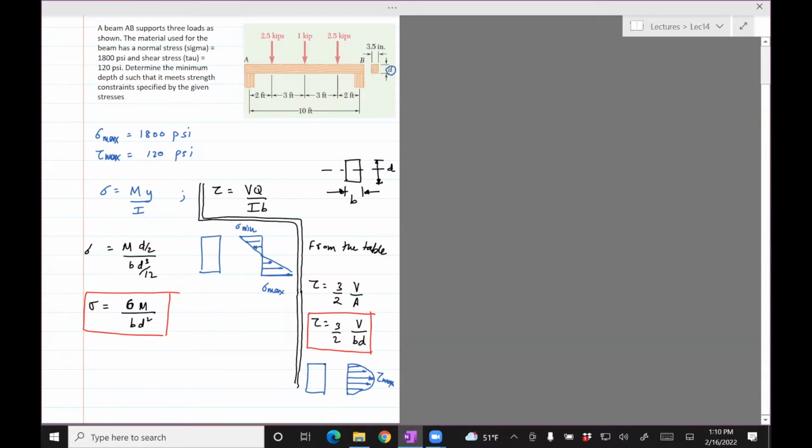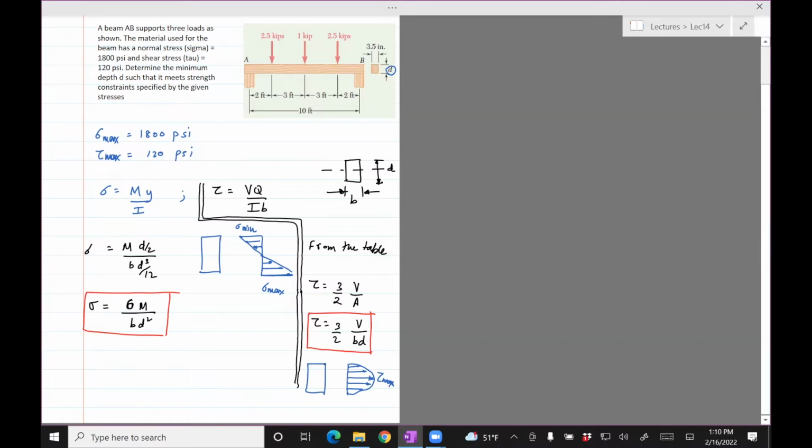So before we even solve for D, we need to find what M and V are. Without M and V, we cannot solve it. So our first goal is to find the shear force as a function of distance, find the bending moment M as a function of distance, identify the places where M is max and V is max, and then use that in these equations.